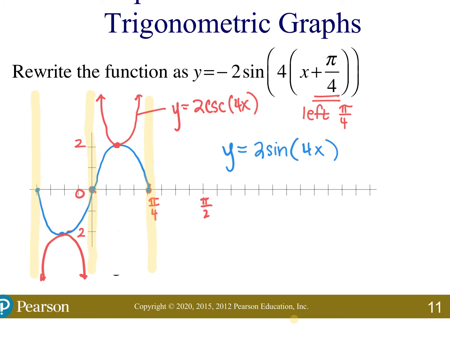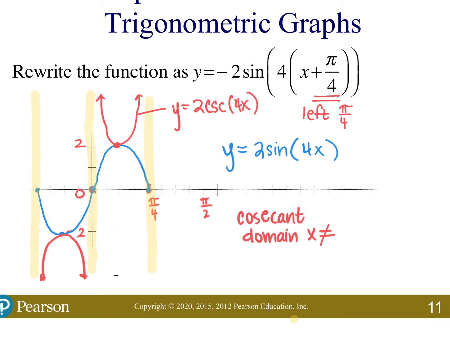So let's talk about what the domain is of this. How would you write the domain of a cosecant graph, and how would you write the range? Well, the domain has to do with where the asymptotes are. The cosecant domain is x not equal to every place that there is going to be an asymptote.